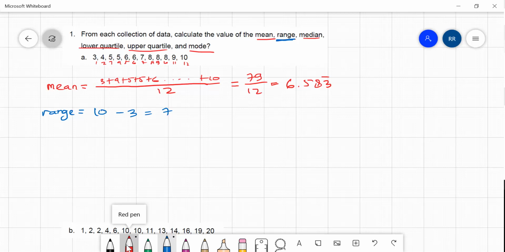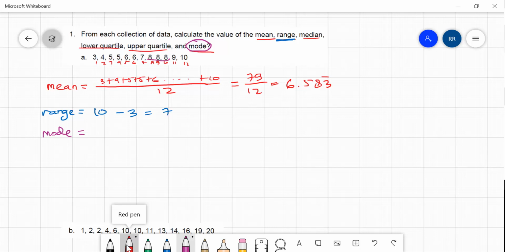Okay, the next one, I'm going to go to the mode first. The definition of mode is just the data that comes up the most, or the data which has the most frequency. Here we see 3, 4, 5, 5, 6, 6, 7, 8, 8, 8, 9, and 10.